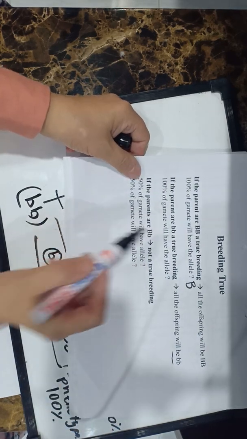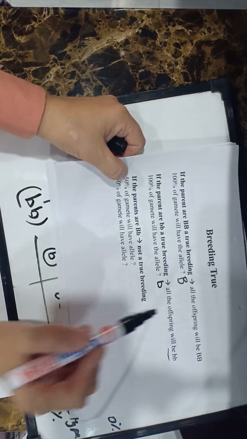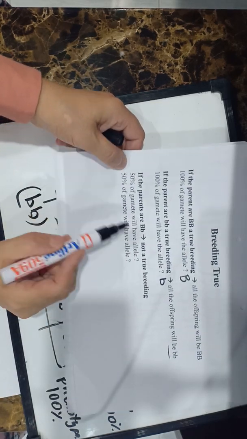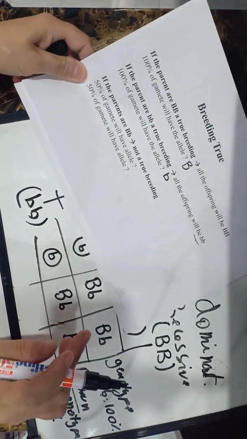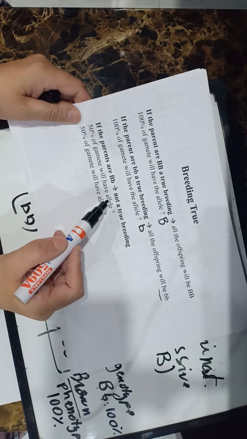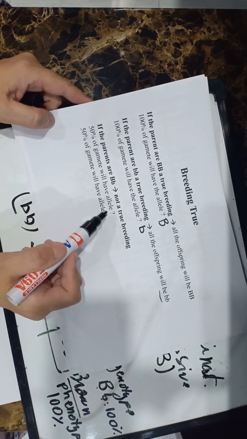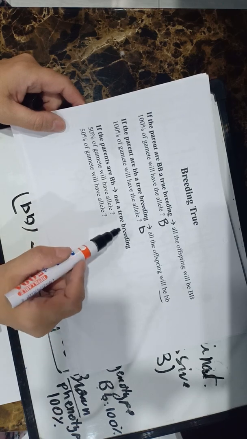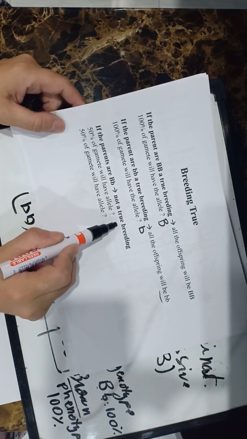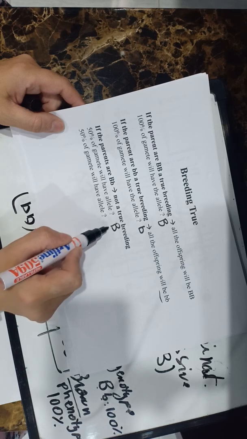So 100% of the gametes, the mother will produce only small b. If the parents are capital B, small b, they are not true breeding. In this case, the gametes will be 50% capital B and 50% small b.